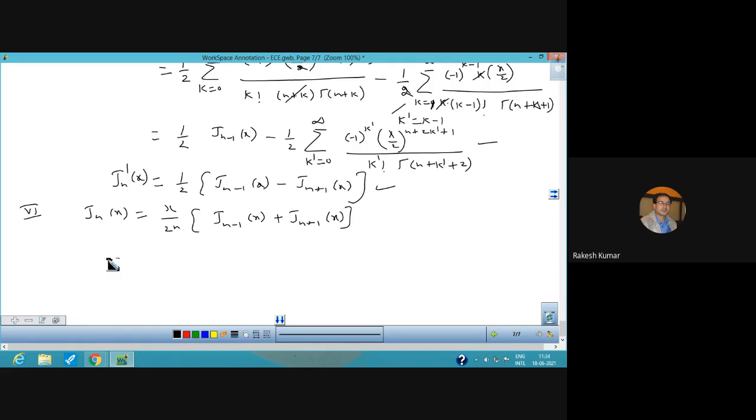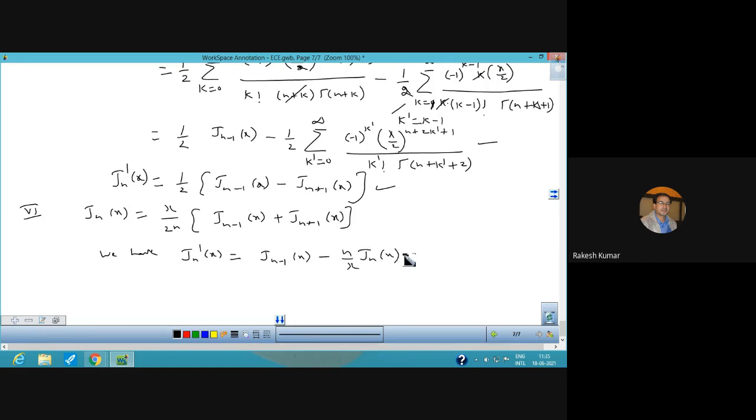Now, if you see, we have done the third recurrence relation and the fourth recurrence relation. Now, we have this recurrence relation, and that is Jn dash x is equal to Jn minus 1 x minus n over x Jn x.